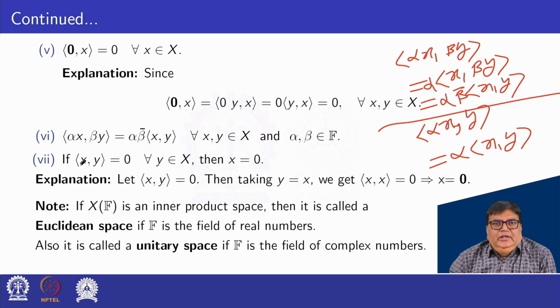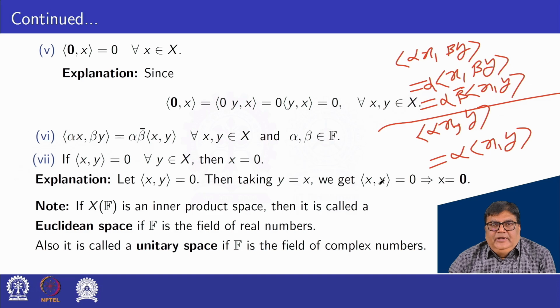Next, if inner product of xy is equal to 0 for all y of X, then x is 0. Explanation. Let inner product of xy be equal to 0 for all y belonging to X. Then taking y equal to x, we get inner product of xx equal to 0.